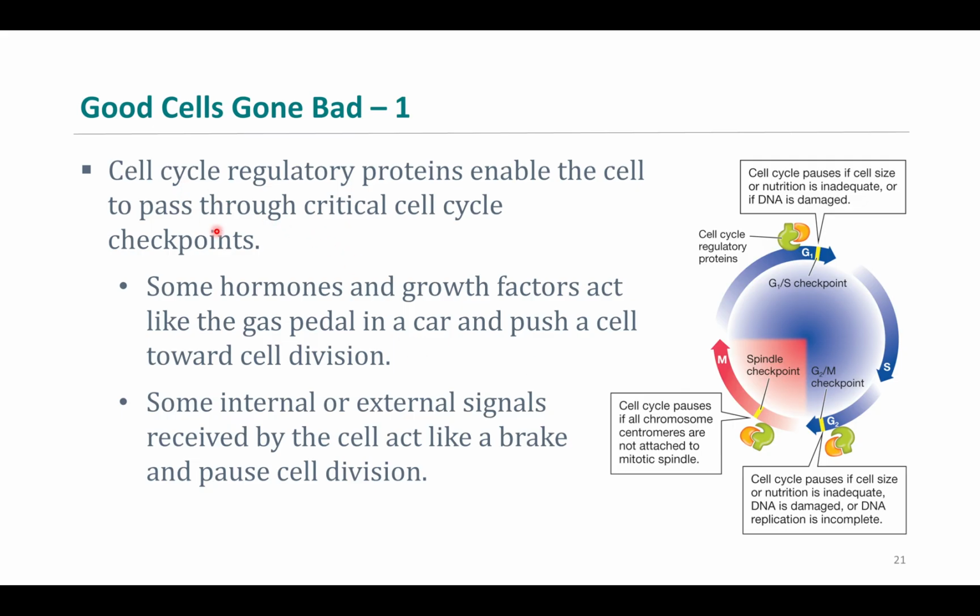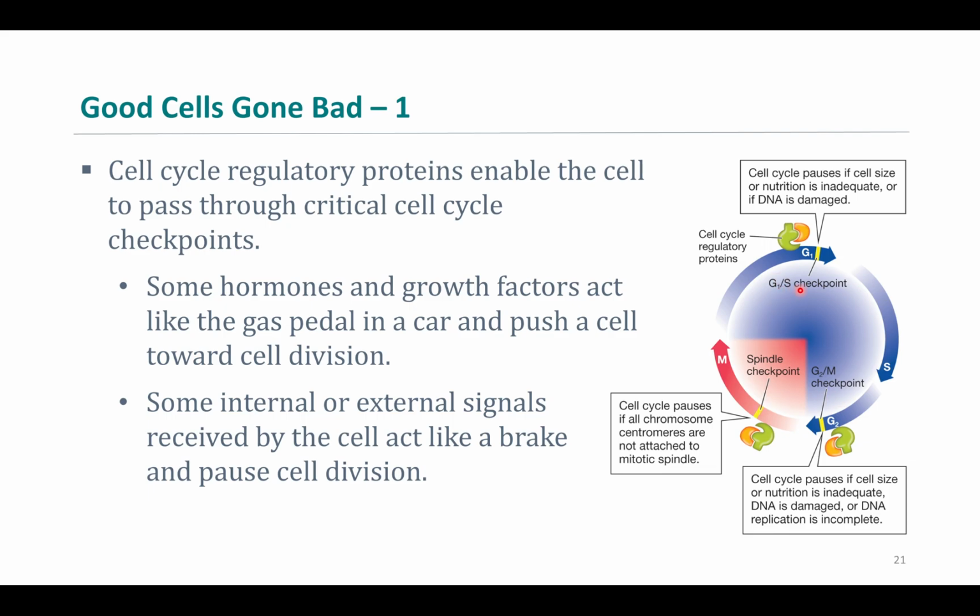As I mentioned, there are checkpoints in this cell cycle. These are the main three checkpoints: the G1 to S checkpoint, the G2 to M checkpoint, and the spindle checkpoint.